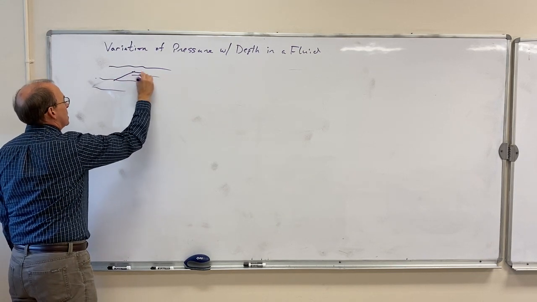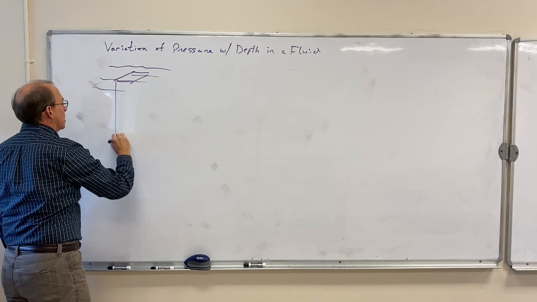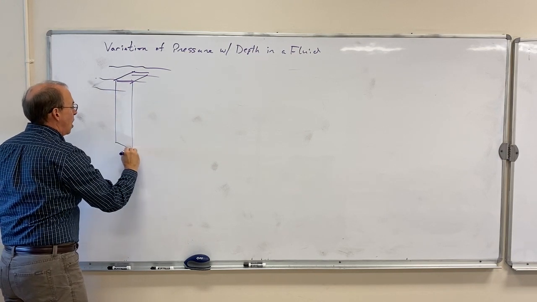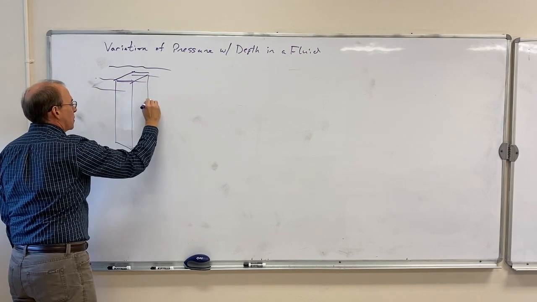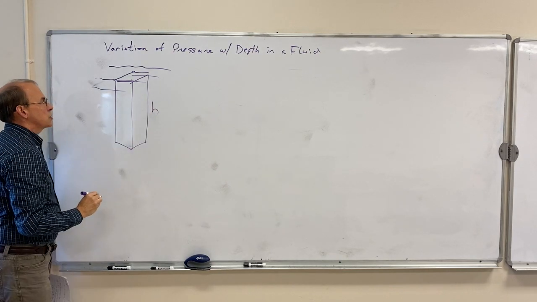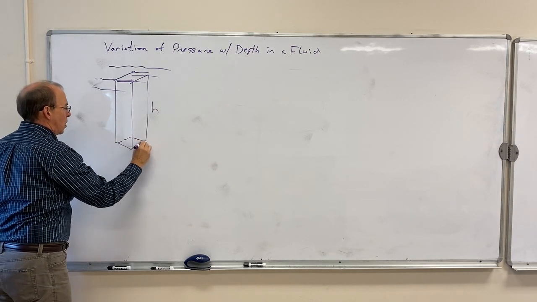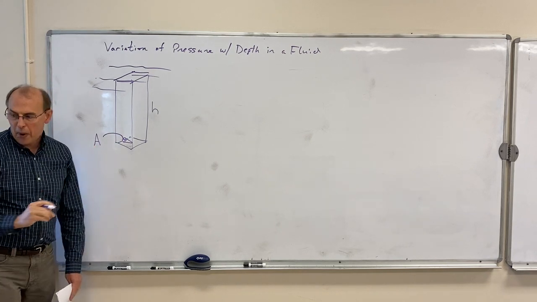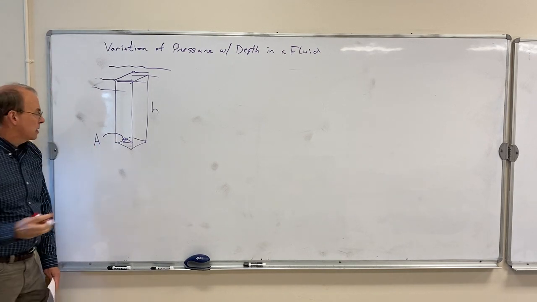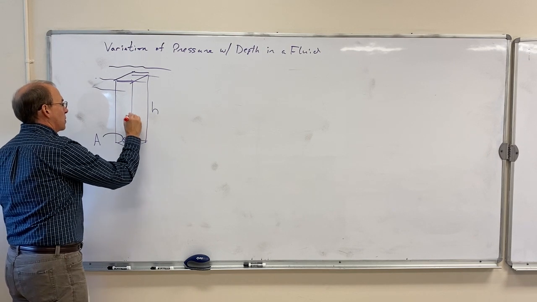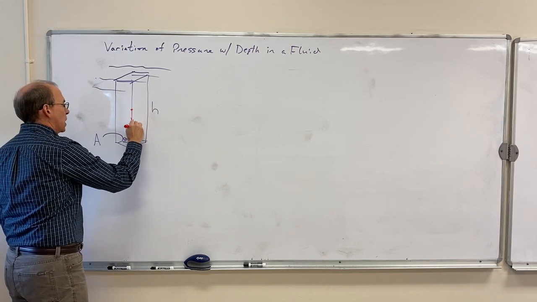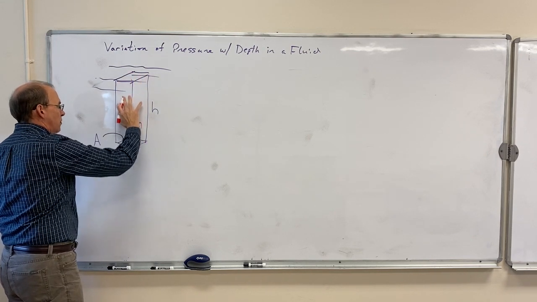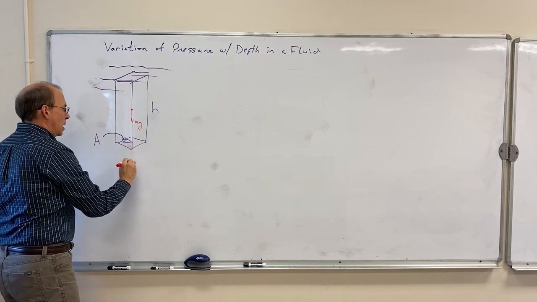I'm going to hypothetically think of some column of water of depth h and cross-sectional area A. And I'm going to balance the forces on that column of water. So that column of water has a weight, mg, that's the weight of all the water in that column.